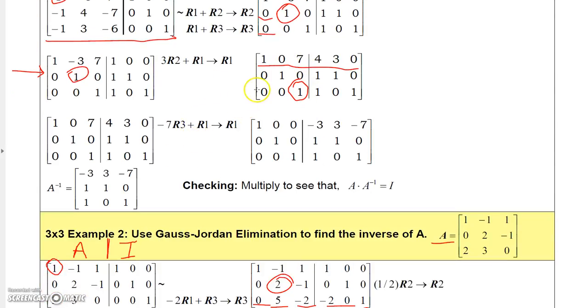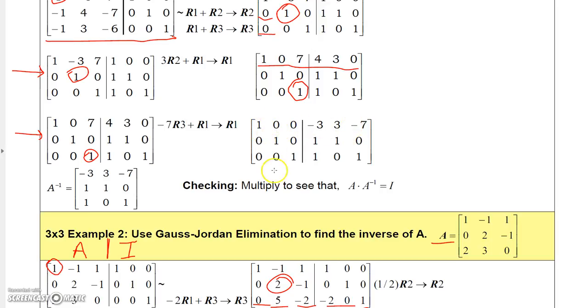So let's just copy this matrix down here and work from here. So here's my 1. So I'm going to multiply this row by negative 7 and add it to this row. And when I do that, you can do the row operations yourself, but when I do that, I'm going to get a 0 here, and then it's going to change some other values in this row.